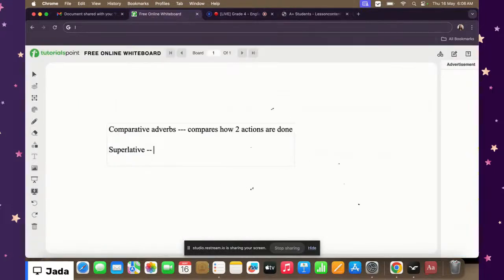So take note of the two that I wrote here so that you know it is comparing more than two actions, while comparative adverbs just compare two actions. Okay, so moving on.